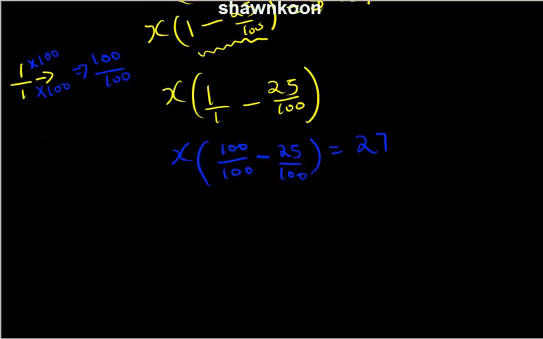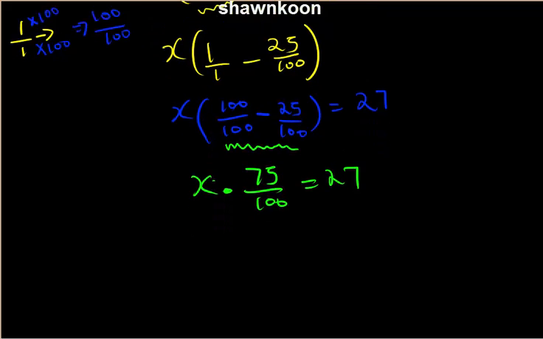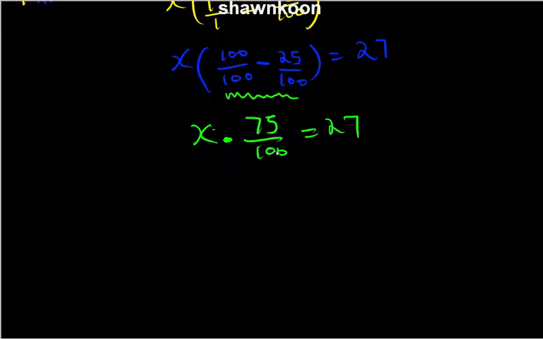And if we take care of this subtraction inside, we get 75 over 100 times x equals 27. So this is the same thing from the previous question. In order to get rid of this fraction, we multiply by 100 first, right?